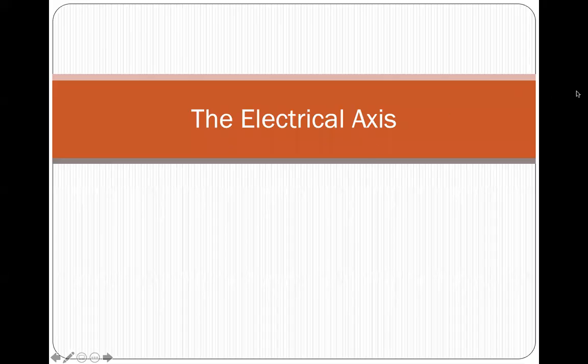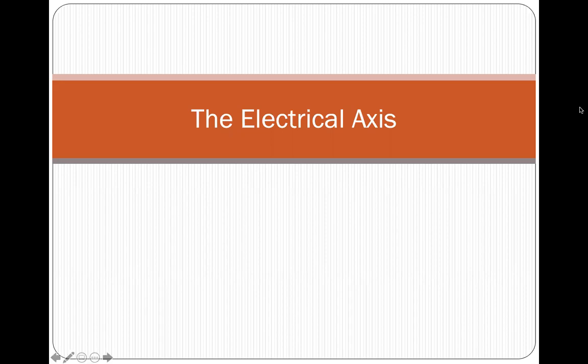So for today, talking about the electrical axis of the heart, let's get into how to work on figuring out the quadrants. We talked a little bit about this at the end of our previous talk.